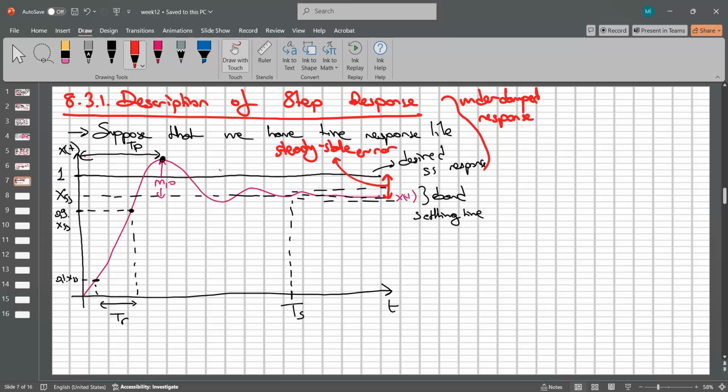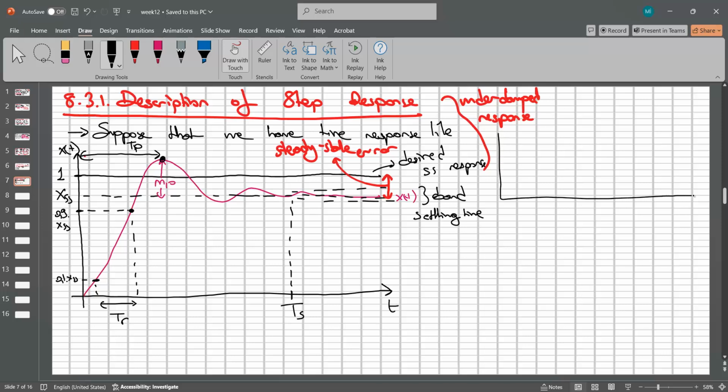It's going to some constant value XSS, right? Okay. So in this case we can write that this system has the feature of a second order one.